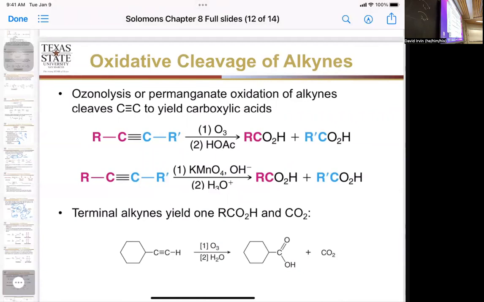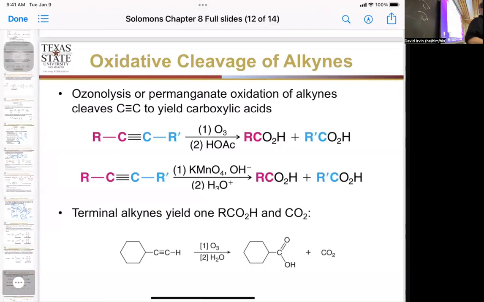Neither one of those alkyne carbons has 2 carbons attached to it. So it can't stop at a ketone. And it's oxidative enough that it stops at the carboxylic acid. See, there's no second carbon here. It can't stop at a ketone. It only goes to carboxylic acids.